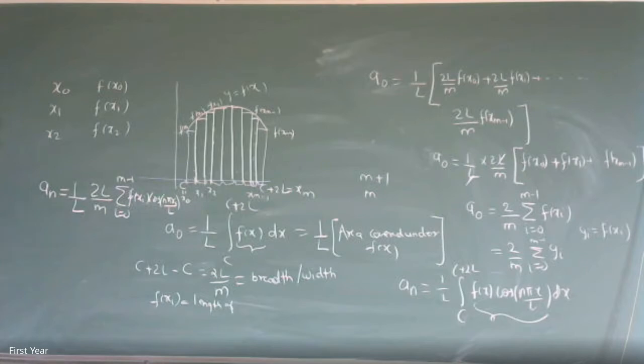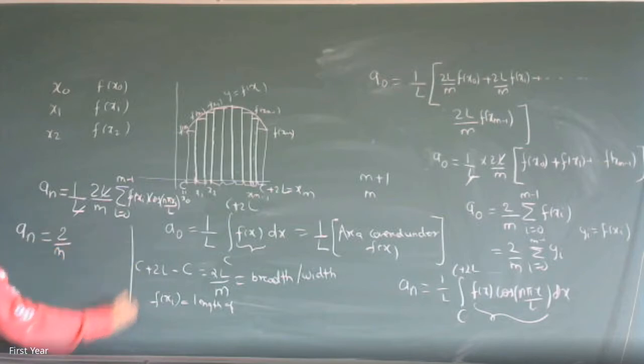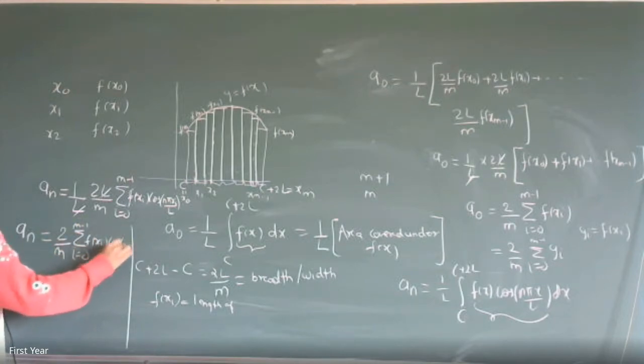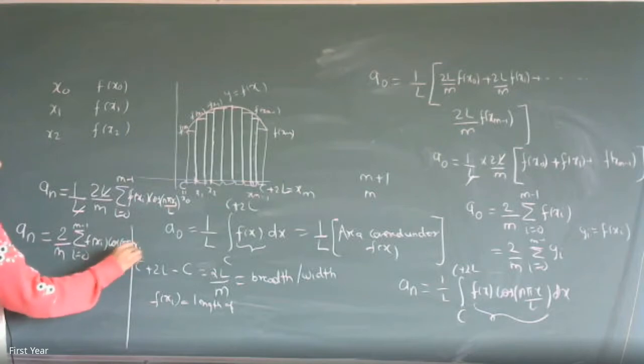Is this okay? And then again, this gets cancelled. So an is equal to 2 by n summation i from 0 to n minus 1 f of xi into cos of n pi xi by l. What will be bn?